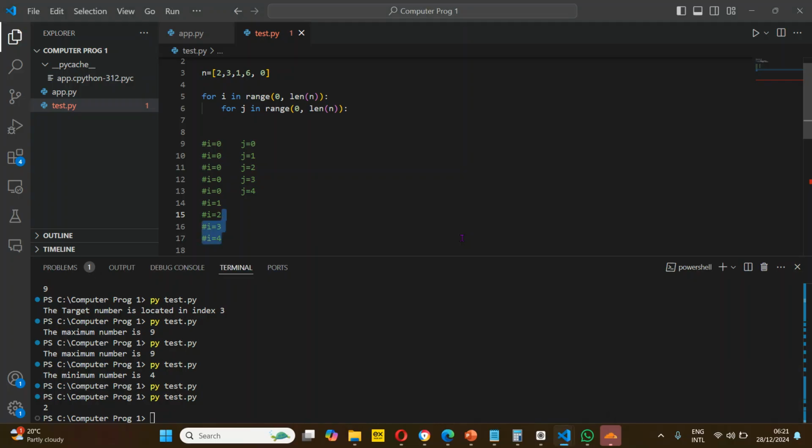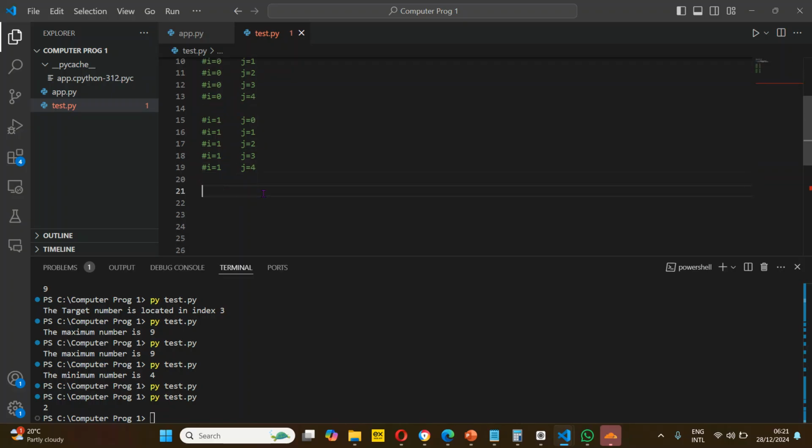So I'll repeat this again. When i equal to 1, j runs 5 times. When i equal to 2, j runs 5 times.